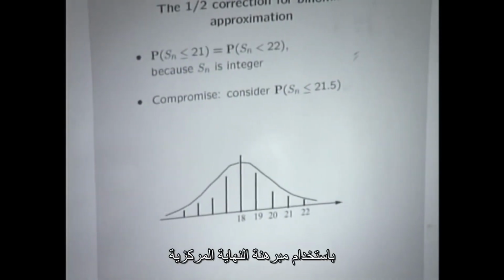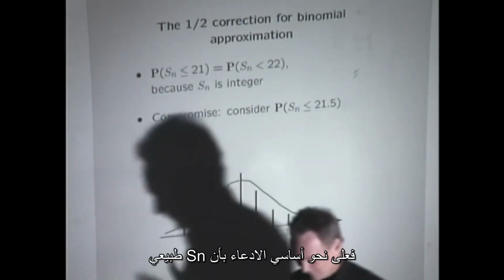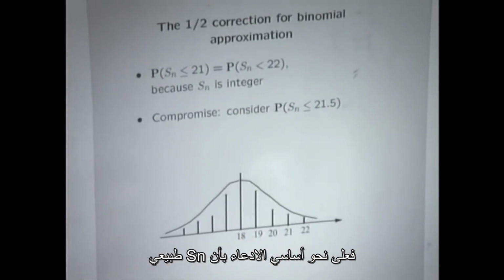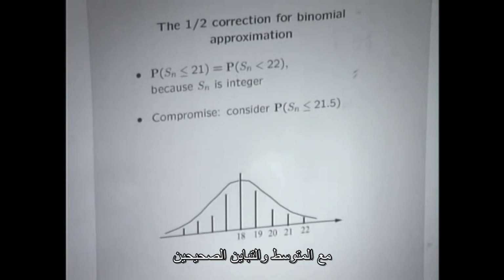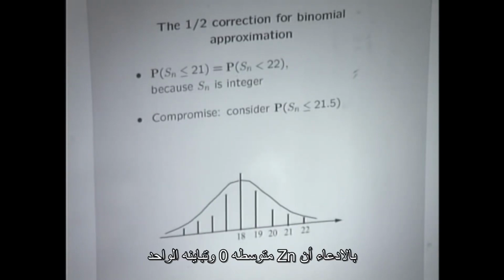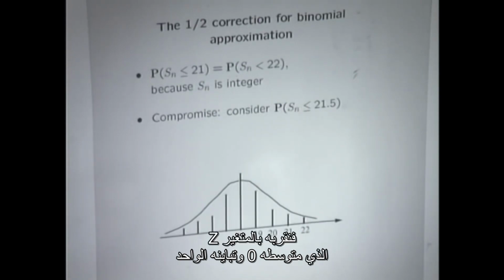Using the central limit theorem is basically pretending that Sn is normal with the right mean and variance. So pretending that Zn has 0 mean and unit variance, we approximate it with Z that has 0 mean and unit variance.